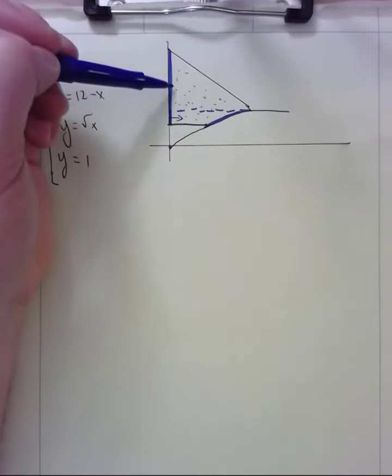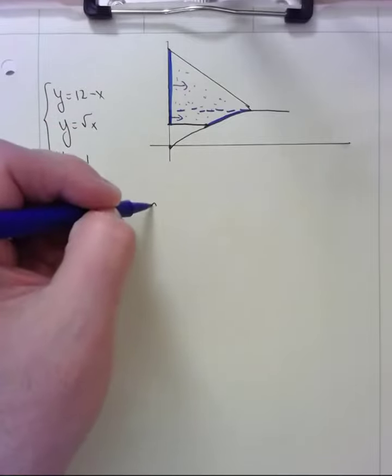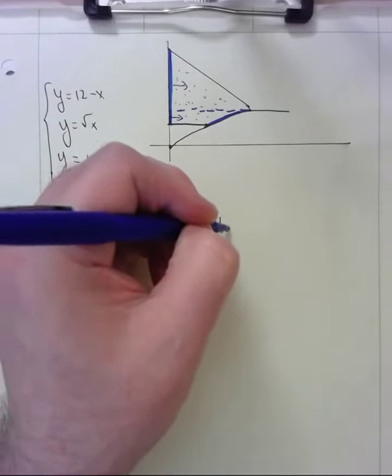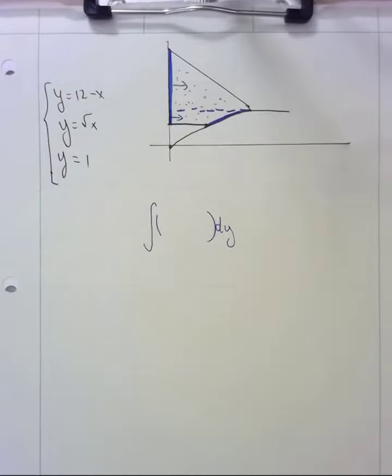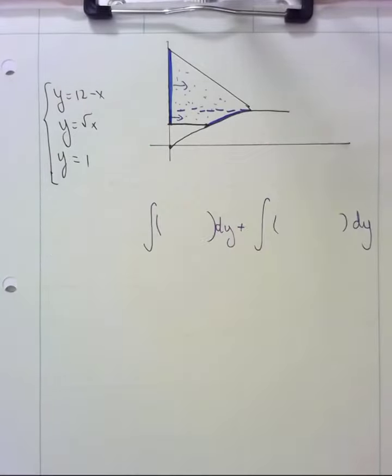Up here, when we look out, well, now the straight line is above. In these cases, we are going to be integrating with respect to y, and we're going to make two integrals, like so. We just have to decide on endpoints, and what the functions are.